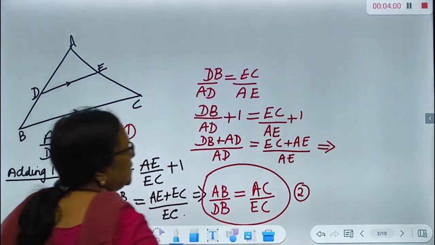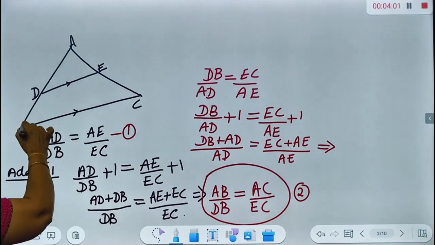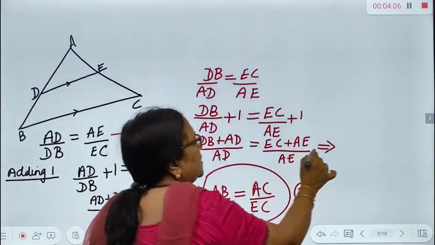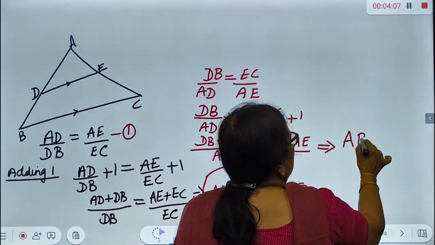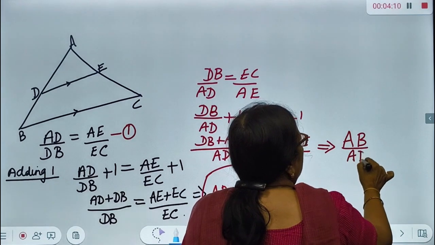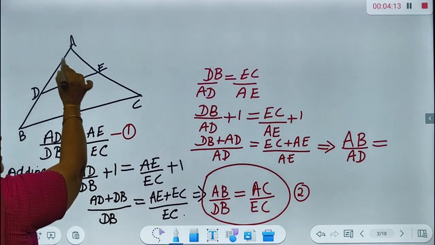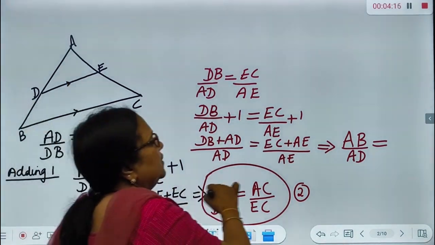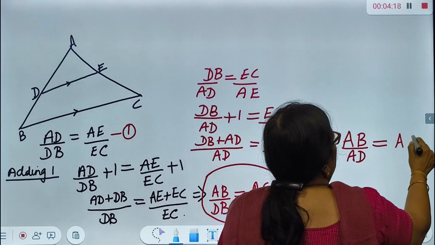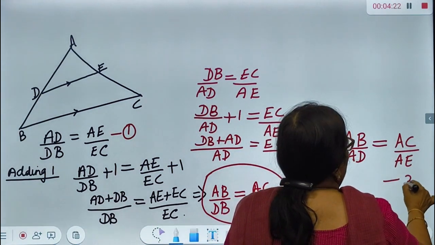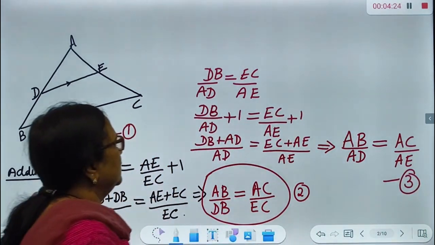Now DB plus AD is nothing but AB, and EC plus AE is nothing but AC. This implies AB by AD is equal to AC by AE. We'll call it result 3.